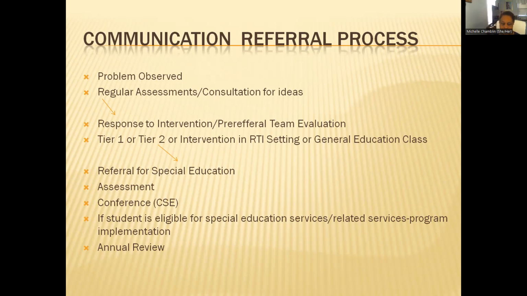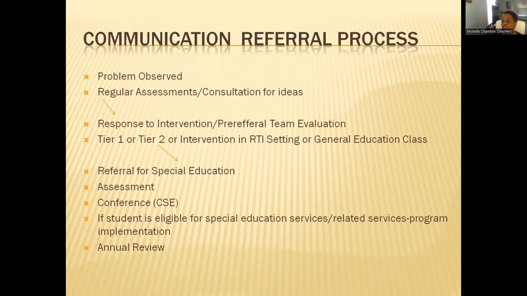And then we have a student who has an IEP and is receiving services. There's always an annual review. So you might be the general ed teacher in a co-taught class. And so there is an annual review where we have a meeting and we want to talk about how the student is doing with the IEP and the things that are put in place.